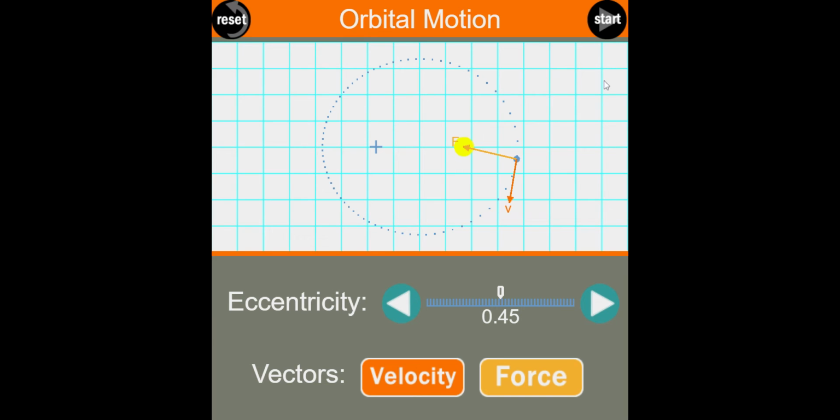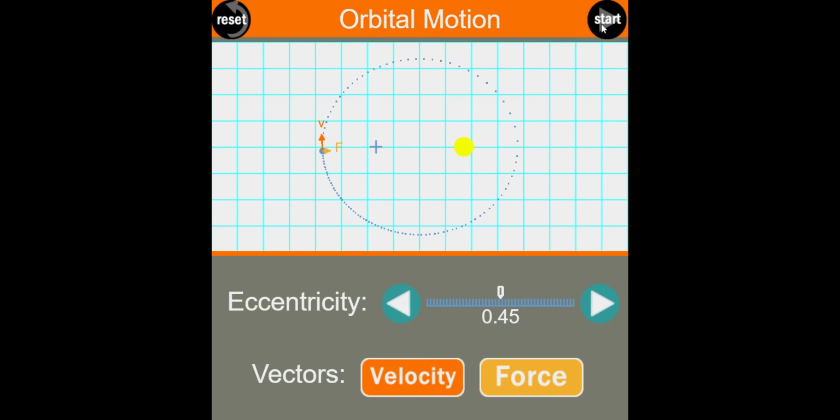So I'll start it again. You can kind of watch, and you can see, okay, something is happening. I want you to watch carefully the size of the arrows. Remember, the size of the vectors tell us about the magnitude. They tell us how strong the force is, or the speed of the velocity over here.